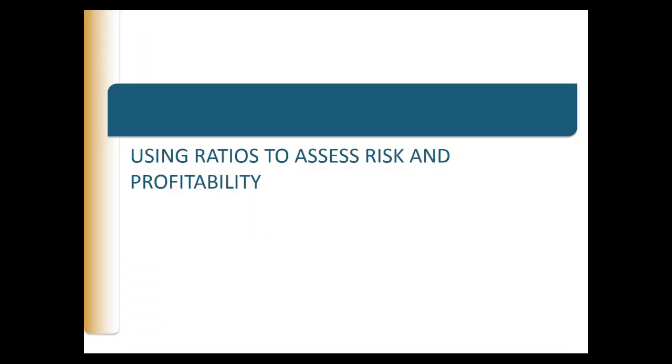Now in this section, we're going to review 14 ratios classified into 2 categories: risk ratios and profitability ratios. When calculating ratios, remember how income statement accounts differ from balance sheet accounts. We measure income statement accounts over a period of time, and we measure balance sheet accounts at a point in time.